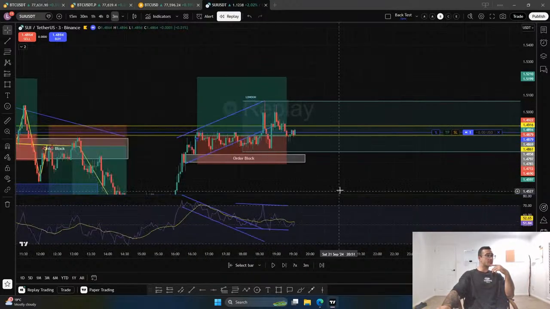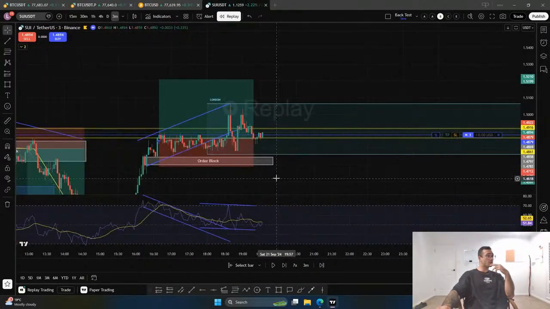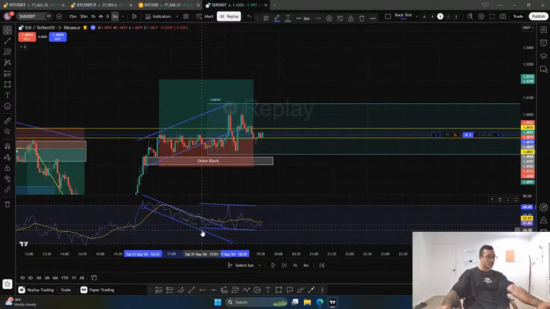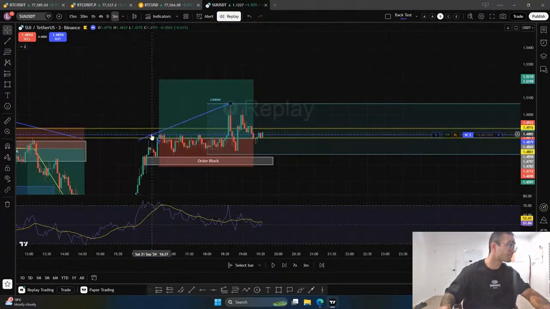Okay, what I can see here now is that it's struggling to push above this. It's trying. Okay, we're still there, but if we delete this and we have a look now, whether we stay in the trade or not.